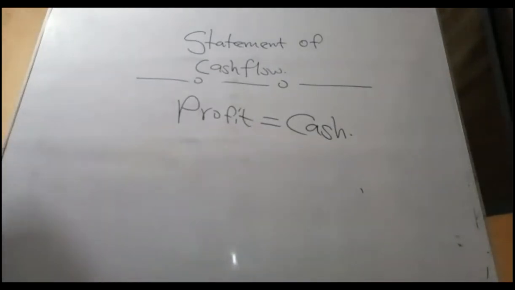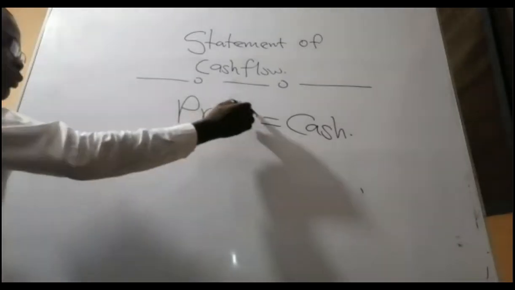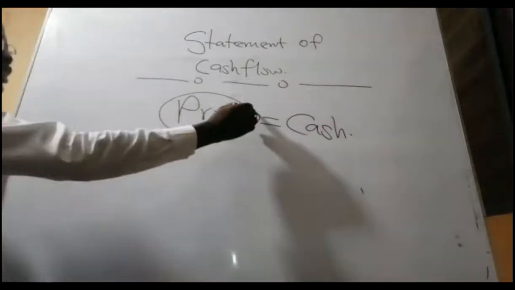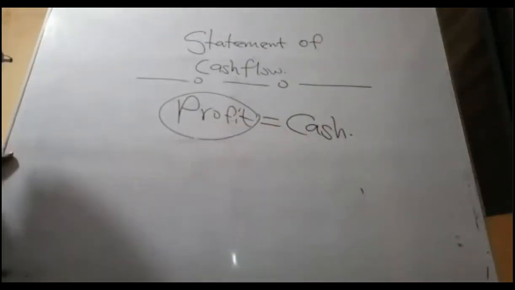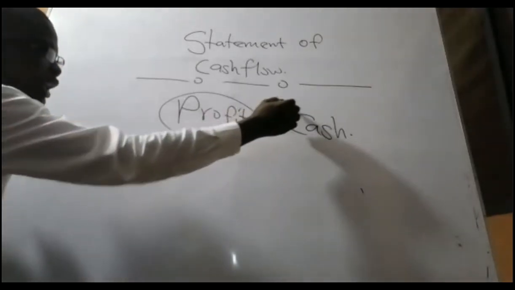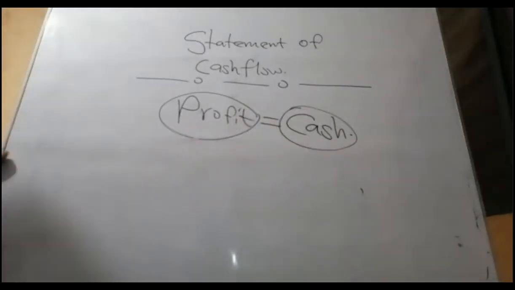It means that such a transaction affects only one. If there's any transaction in the accounting books which affects only profit, cash will not be affected, then it will cause a difference. If there's an accounting transaction that affects only cash, it also causes a difference.